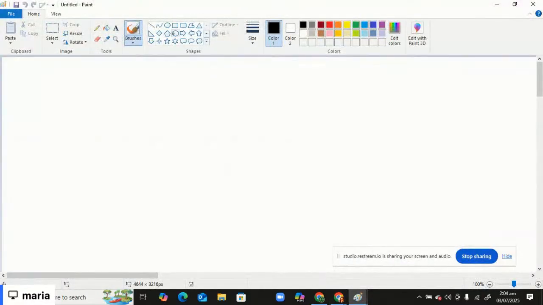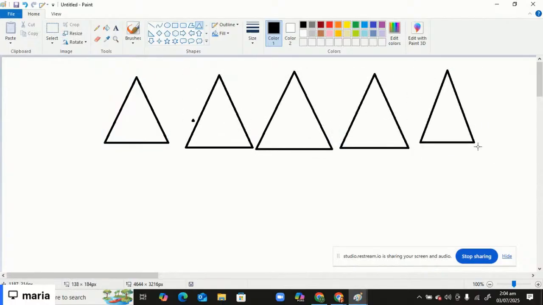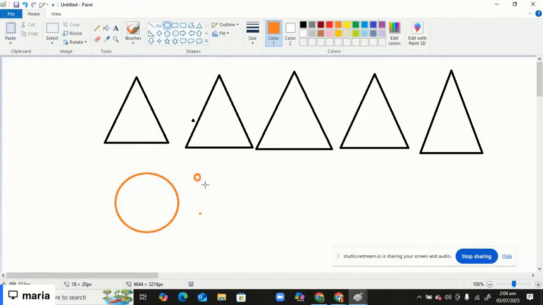Let's suppose I'm going to write it here, you guys tell me. Okay, I'm going to draw the circles and triangles. So here are some triangles. I'm going to draw them here. And there are some circles.